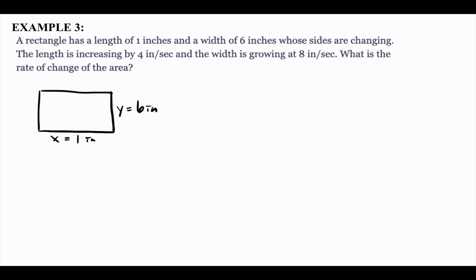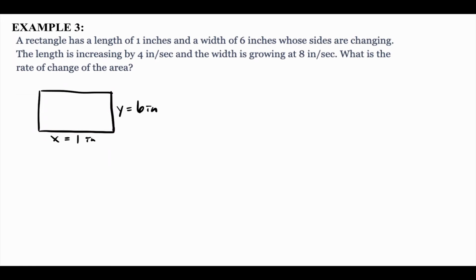The length is increasing by 4 inches per second. So this length down here is getting bigger. It's increasing by 4 inches every second. The width is also growing at 8 inches per second.